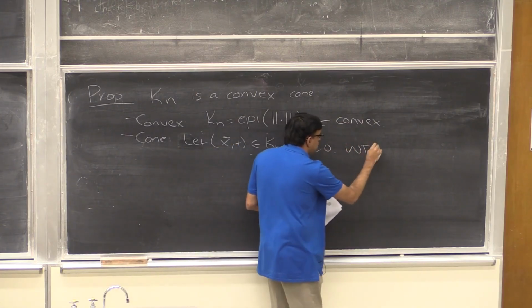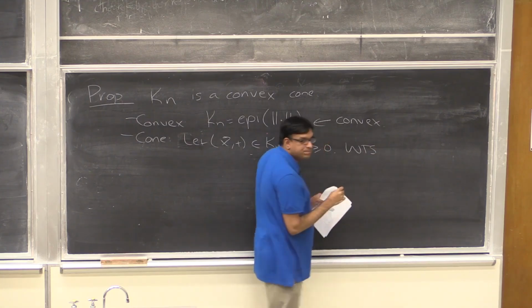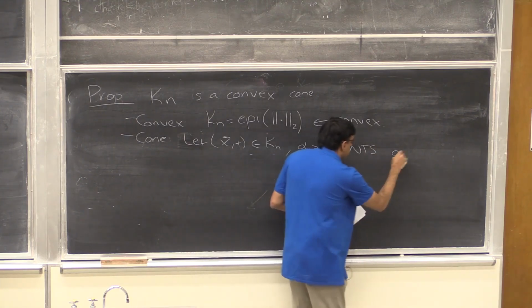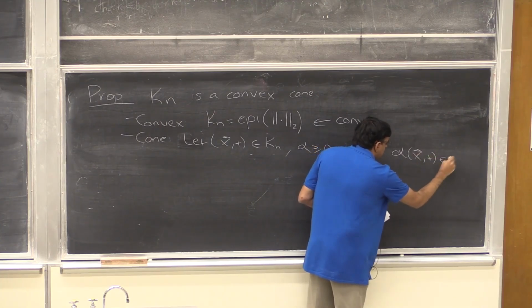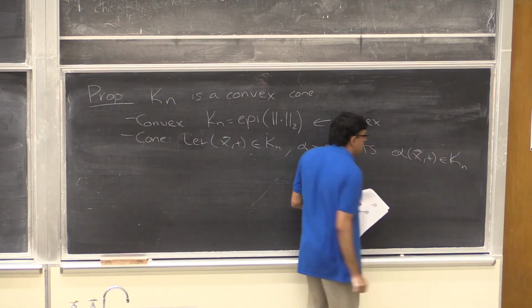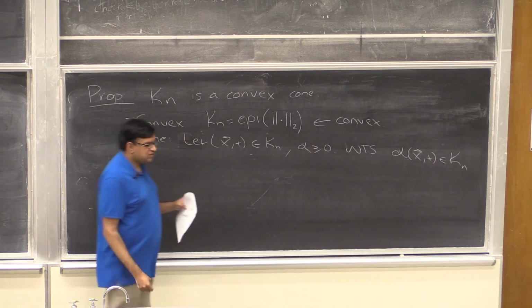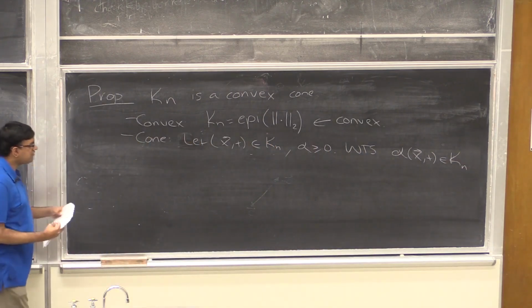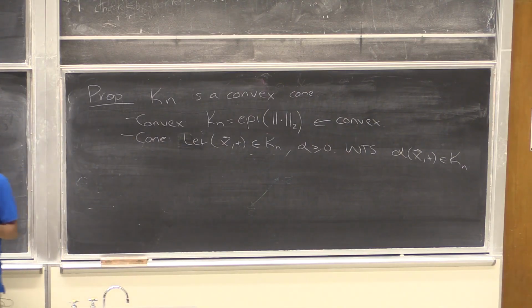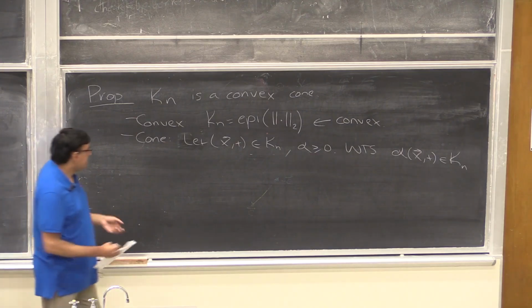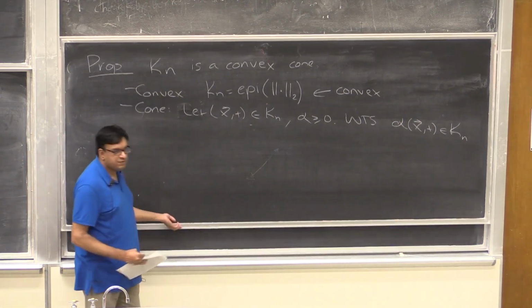We want to show alpha times (x, t) is in K_n. Does it make sense why this would prove that K_n is a cone? Please feel free to ask at any time.